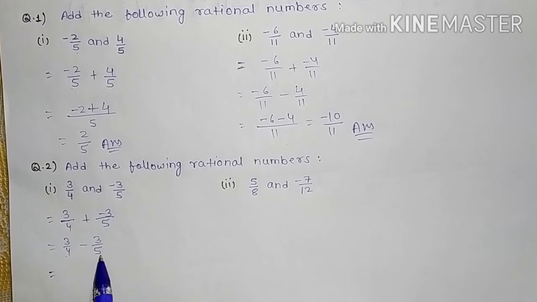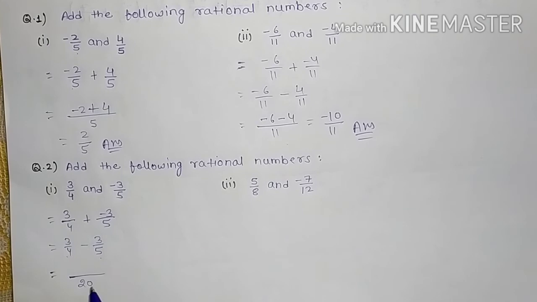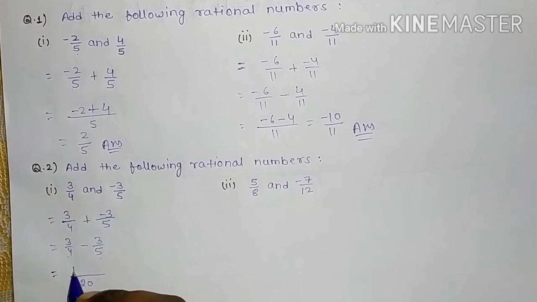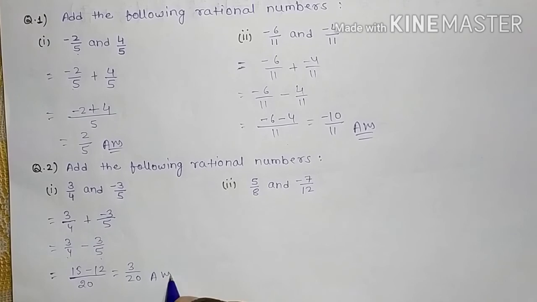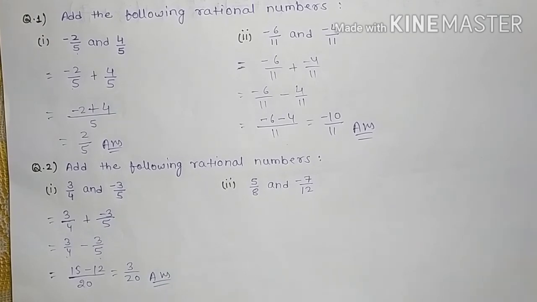There are two different denominators, so we have to take LCM of 4 and 5. So we know that the LCM of 4 and 5 is 20. So just write 20 here and just divide 20 by 4, that is 5, and just multiply 5 by 3, 5 threes are 15. So write 15 here. Again same process, minus 5 fours are 20 and 4 threes are 12. So this is 15 minus 12, that is 3 upon 20. So this is the answer. Now it's very simple.